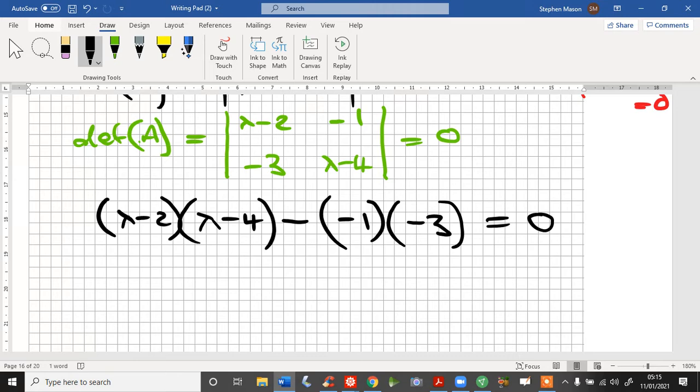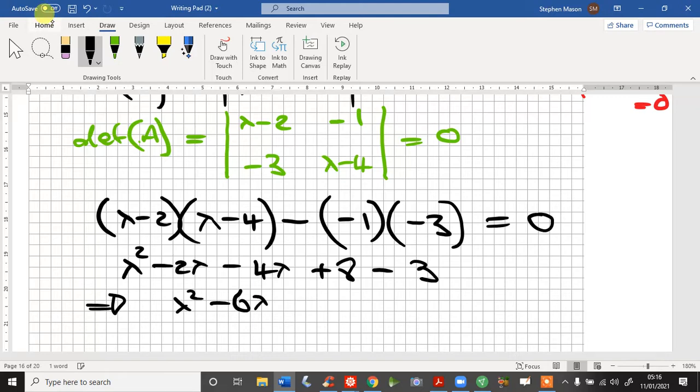Now, when we multiply this out, we get lambda squared minus 2 lambda minus 4 lambda plus 8 minus 3. And this simplifies to give lambda squared minus 6 lambda plus 5 equals 0.